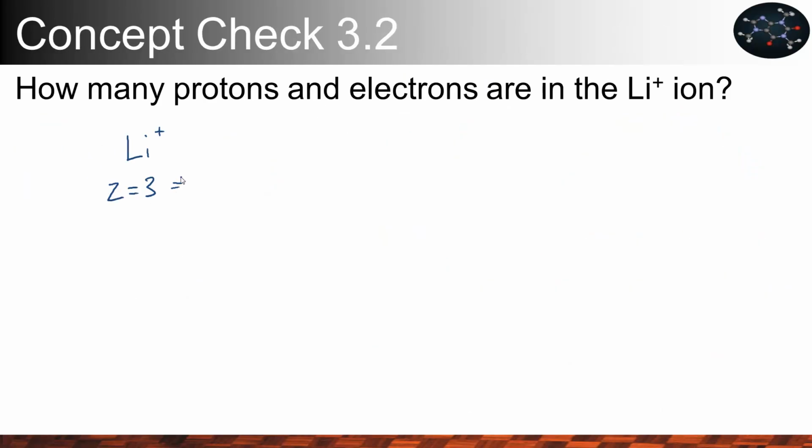That means it must have 3 protons. It cannot have more, it cannot have less, and still be called lithium. Alright, well, if it has a +1 total charge, that means 3 protons minus some number of electrons is going to equal +1. So we puzzle that out. We see that that means there's 2 electrons. Pretty straightforward.